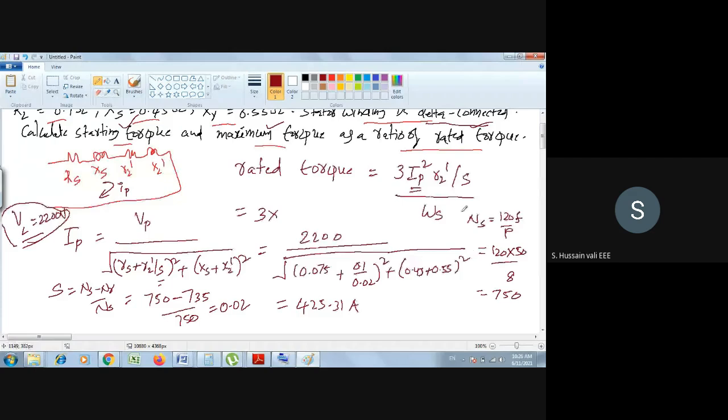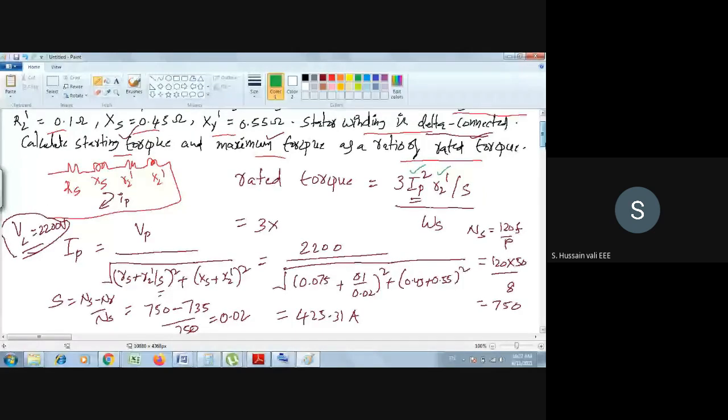We require R2 dash. R2 dash we already have readymade. Then what else do we require here? The S value we have just now found out. See, one by one we are finding out. I phase we found out. R2 dash we know, that is 0.1. Whereas the S value we also found out, that is 0.02.